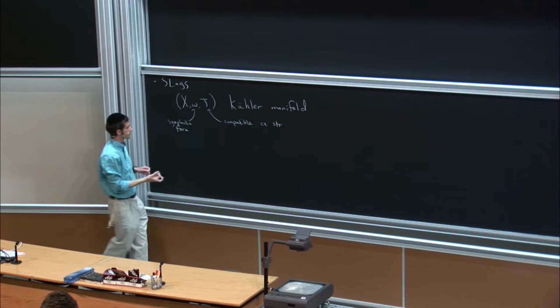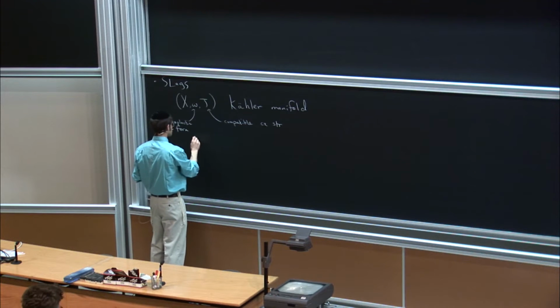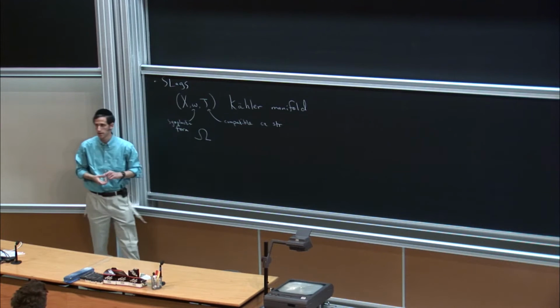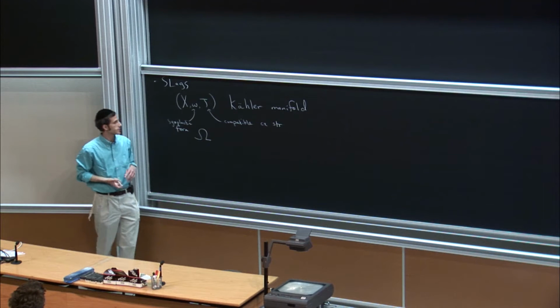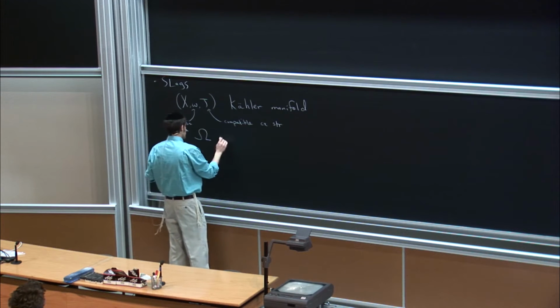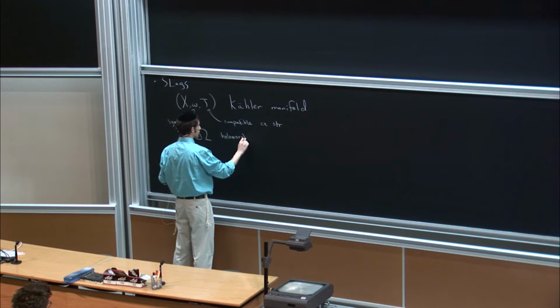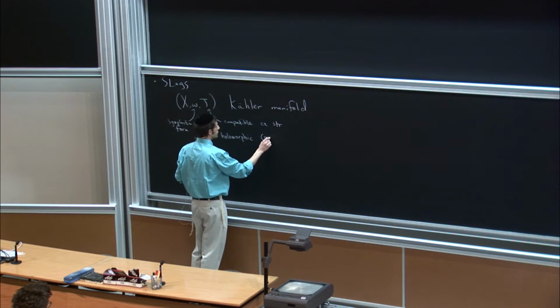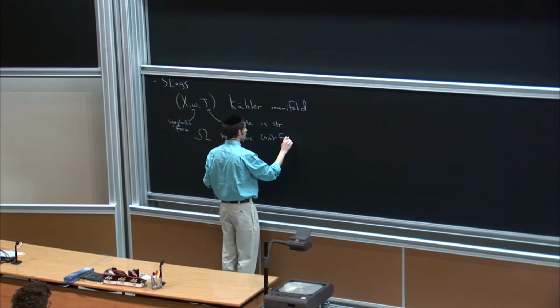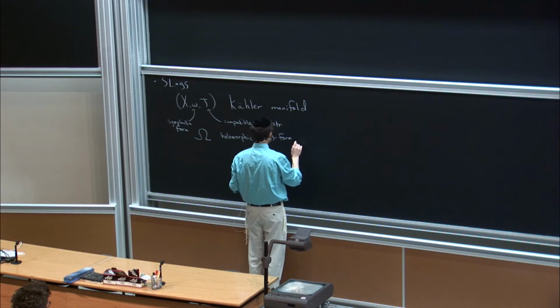And then there's going to be an additional piece of information making this basically a Calabi-Yau manifold. This is a holomorphic n-form, Omega, which vanishes nowhere.